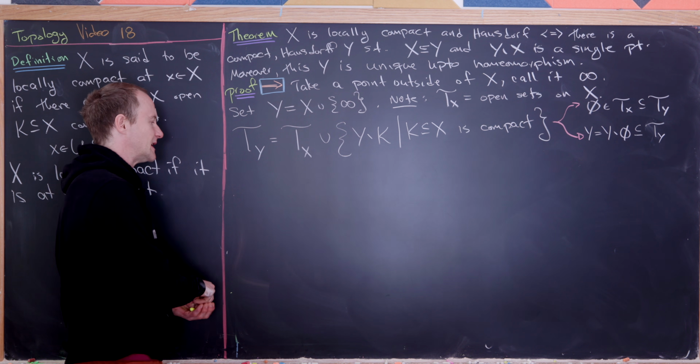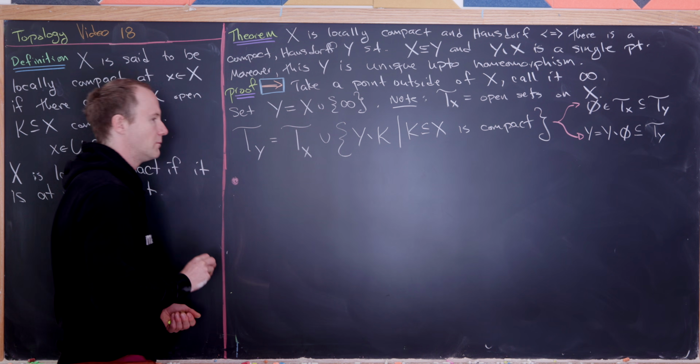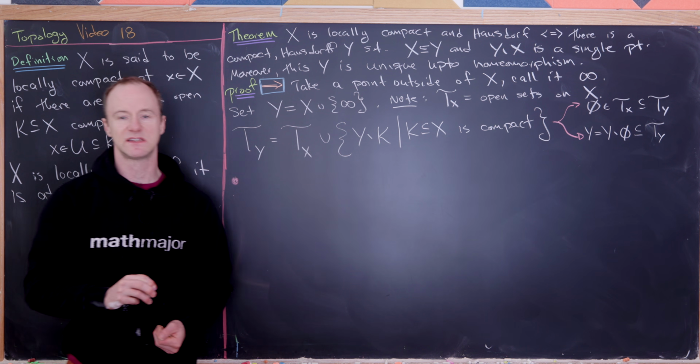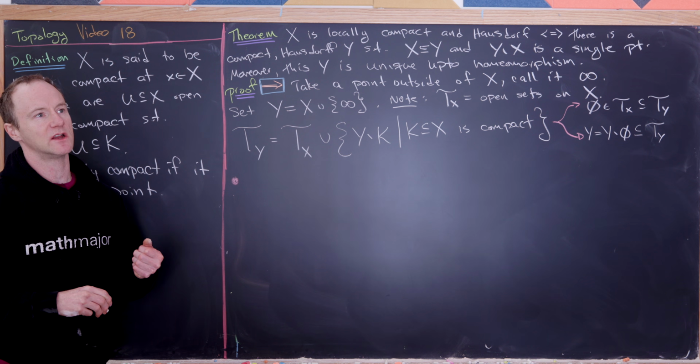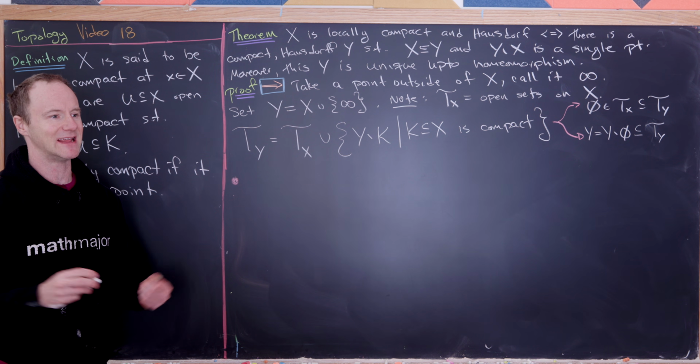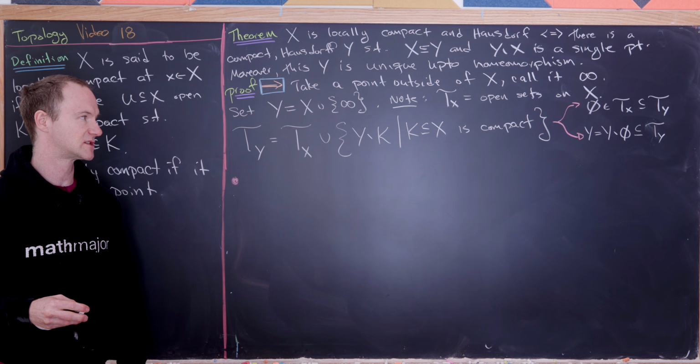And now it has to be closed under finite intersections, but let's recall that much, much earlier in this sequence of videos, we proved that we could really just show that it's closed under two intersections, and then that inductively shows that it's closed under finitely many intersections.